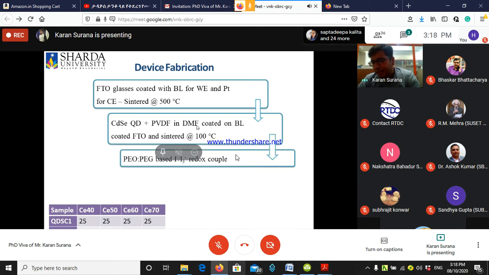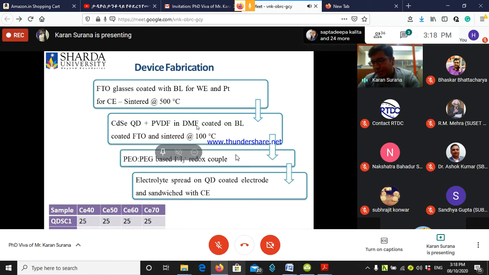For the fabrication of the quantum dot solar cell, there are different parts of the solar cell. The platinum counter electrode, the electrolyte and the FTOs were all common in all of the systems. The only modification was on the working electrode. Basically, FTO glasses were cleaned and coated with a blocking layer, and on some of the FTO glasses platinum was coated, which worked as the counter electrode.